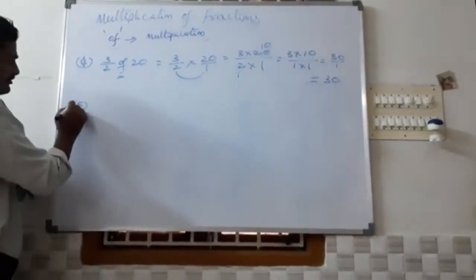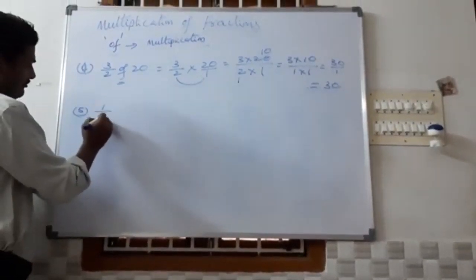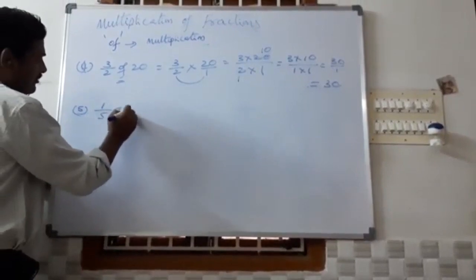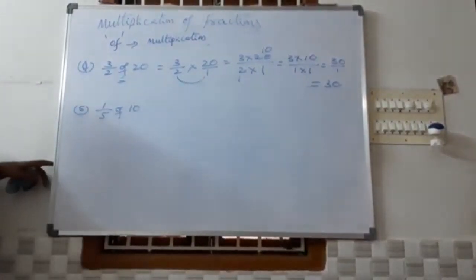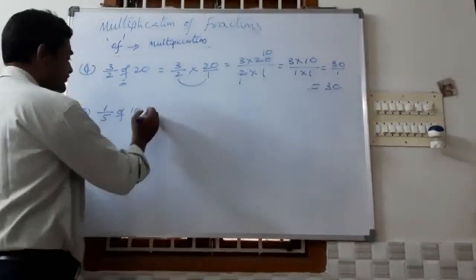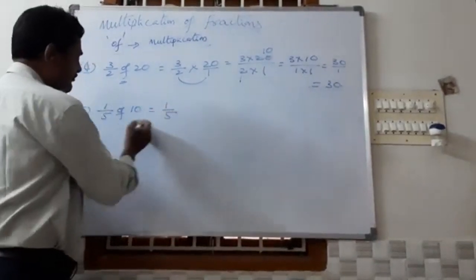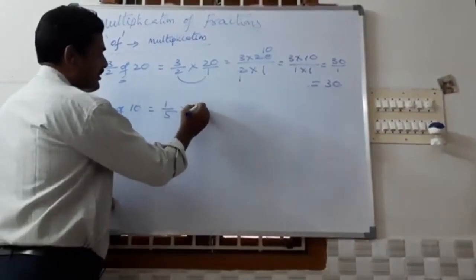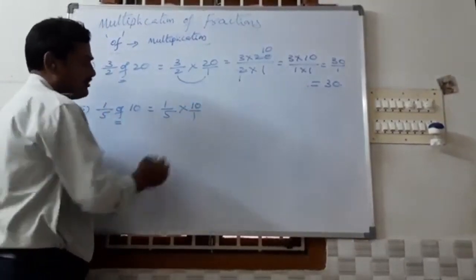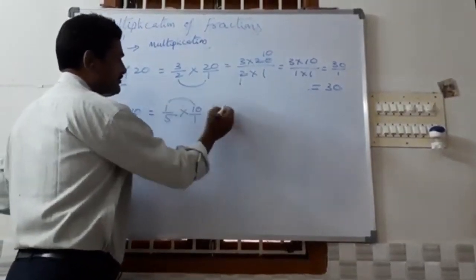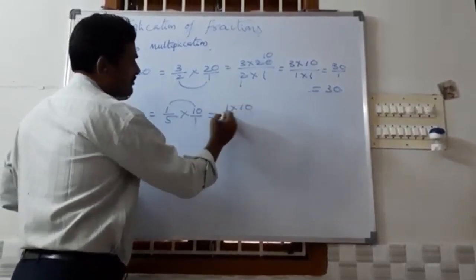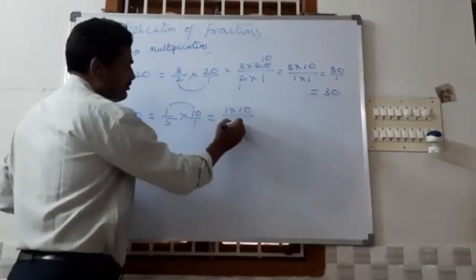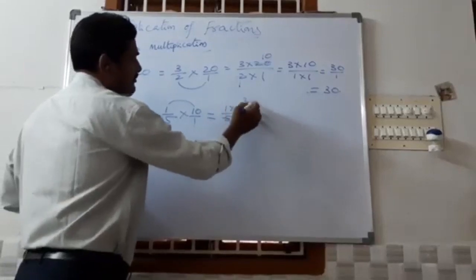Next, fifth question. 1 by 5 of 10. That means 1 by 5, "of" stands for multiplication, into 10. 10 means 10 by 1. That equals numerators 1 into 10 by 5 into 1. 5 ones, 5 twos.